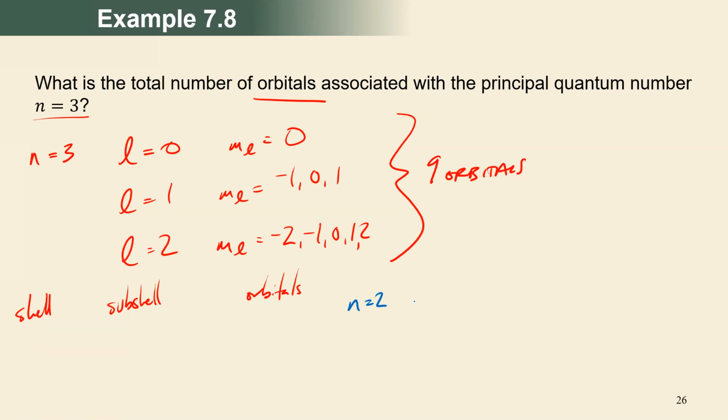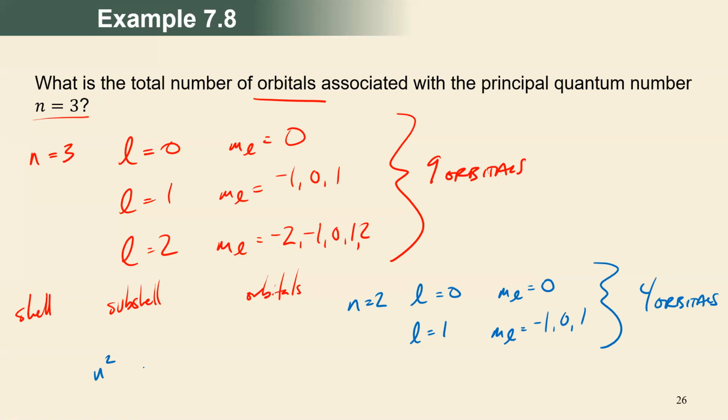If n equals 2, well, l equals 0 and l equals 1. m sub l equals 0, m sub l equals -1, 0, or 1. How many orbitals do we have when n equals 2? 4. So what's that relationship? The number of orbitals is n squared. That's right. So n squared equals the number of orbitals.